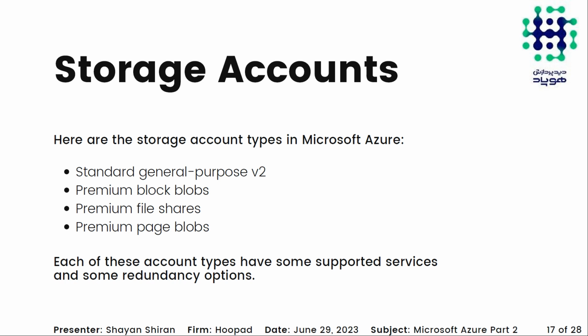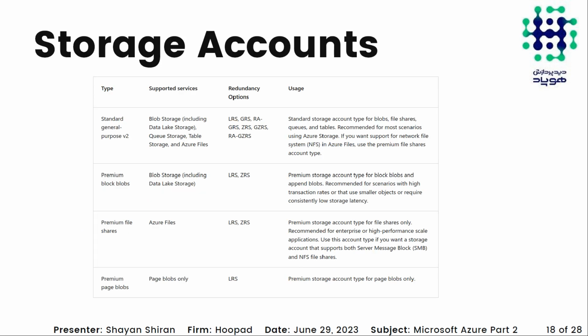And each of these account types, as you can see here in this slide, have some supported services and some redundancy options. For example, the premium block blob has LRS and ZRS redundancy options, and it supports blob storage, which actually includes data lake storage too. And you can see the usages here, and I'm not going to talk about it right now.